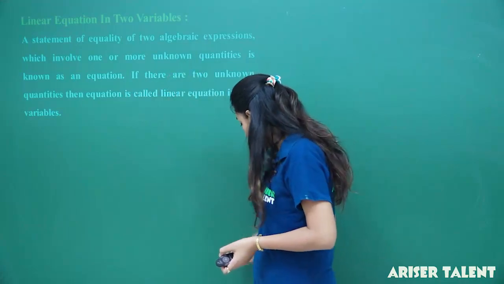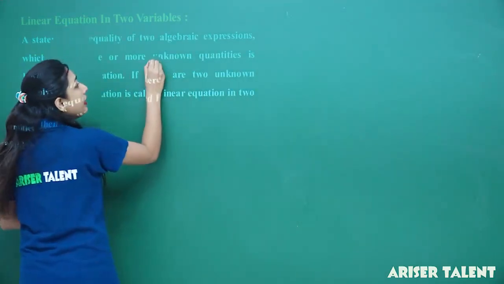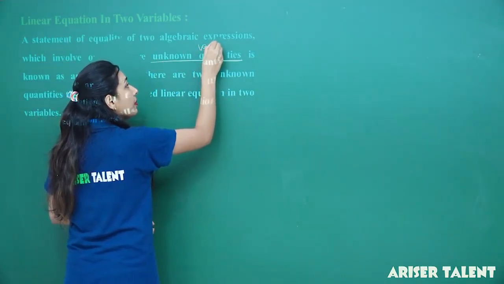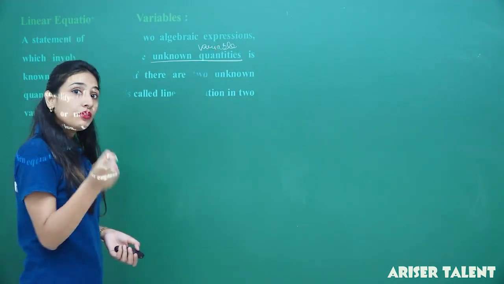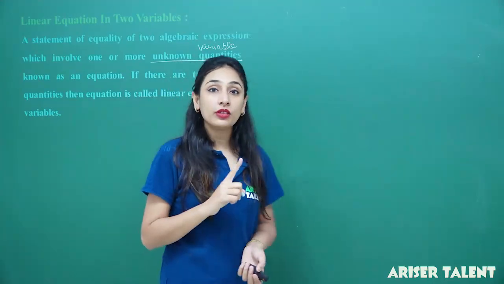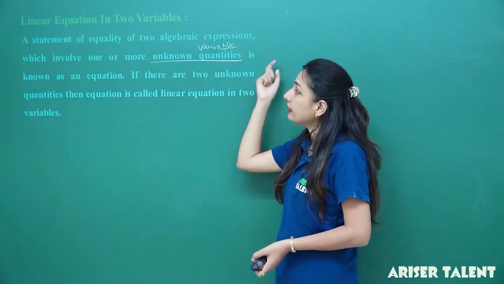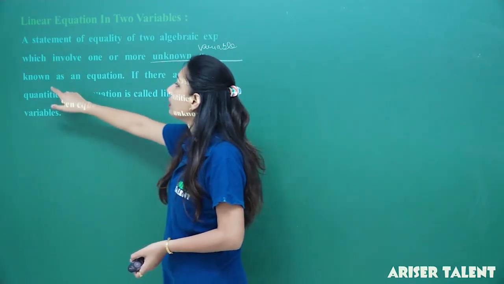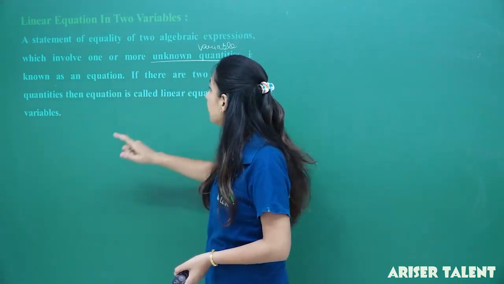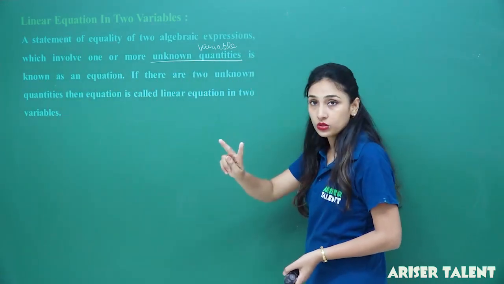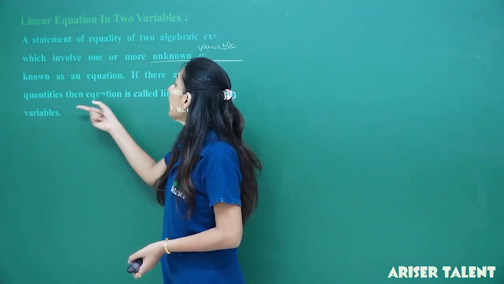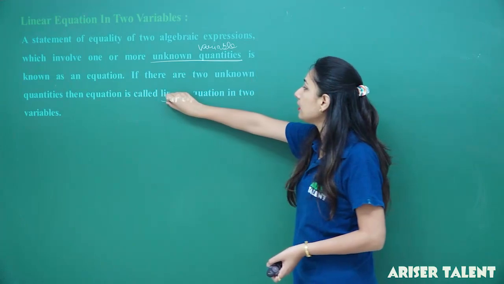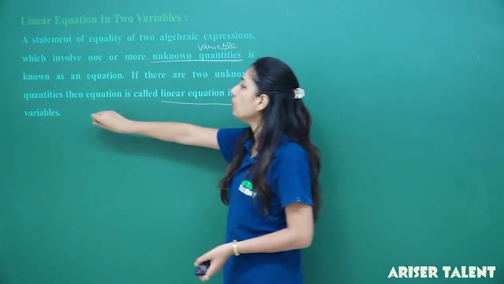Now what are these unknown quantities? These unknown quantities are variables. I have told you that the variable can be more than one. Okay, done with the equation. If there are 2 unknowns in the quantities, as we have discussed earlier, then the equation is called a linear equation in 2 variables.